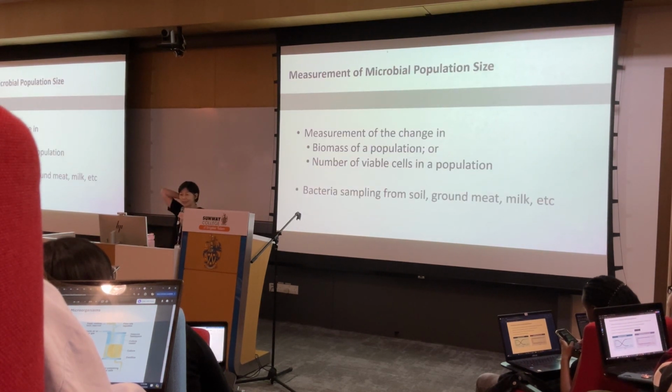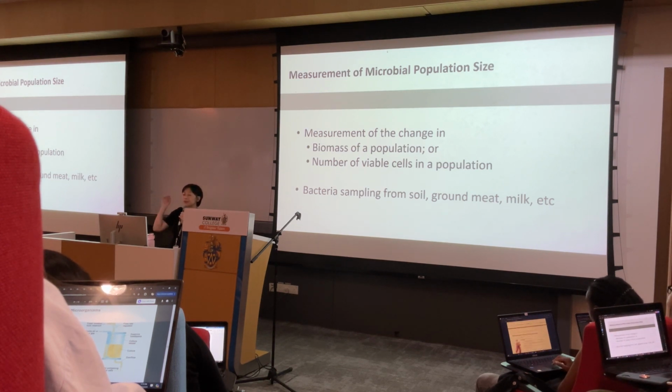Now, this is talking about if you have, let's say, a sample coming from a polluted river, and you want to know the number of bacteria that polluted the river. There are ways to count the number.